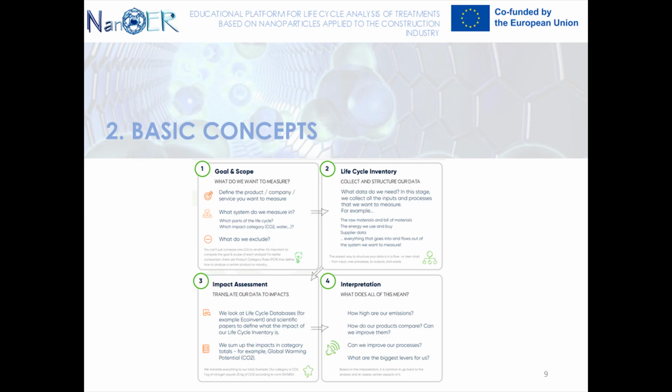Definition of objectives and scope defines the objective and intended use of the study, as well as the scope according to the system boundaries, the functional unit and flows within the life cycle, the required data quality, and the technological and evaluation parameters. Development of the Life Cycle Inventory, LCI.